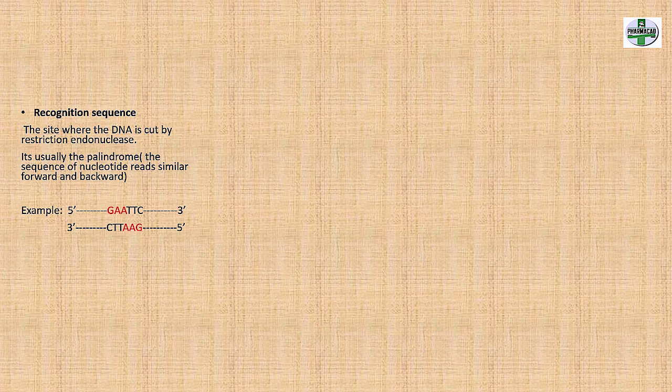For this example, let us consider we want the insulin gene, which is present in the large human DNA. On this human DNA, there are recognition sequences which are palindromes. A palindrome means a sequence which reads the same in the forward and backward direction. For example, let's consider this is a DNA.